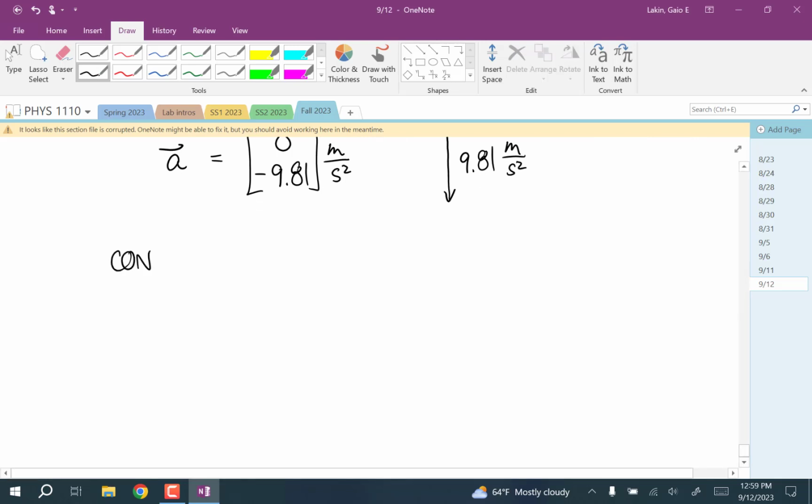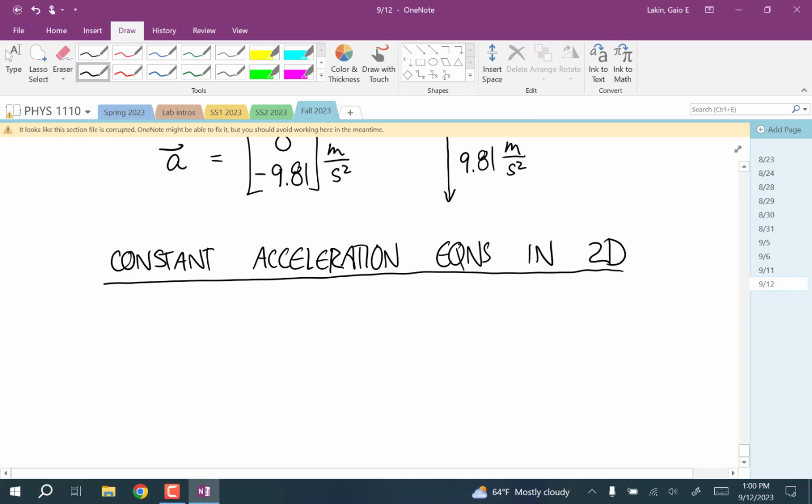So the constant acceleration equations in 2D. And to remember these, all you have to do is remember the 1D constant acceleration equations.